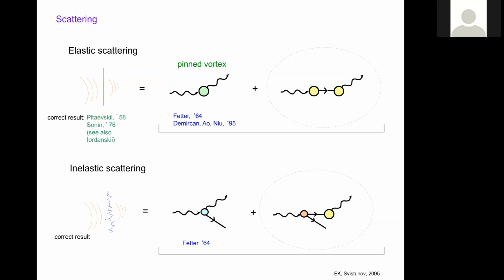And it turns out that if you include the terms that come from the variable transformation, when you transform the problem to the canonical variable, you recover the diagram, which has the meaning of a virtual displacement of a vortex during the scattering process. And this diagram actually accounts for the difference between these 2 answers.